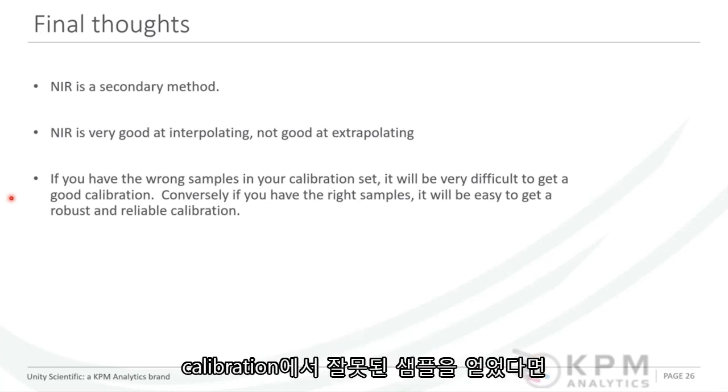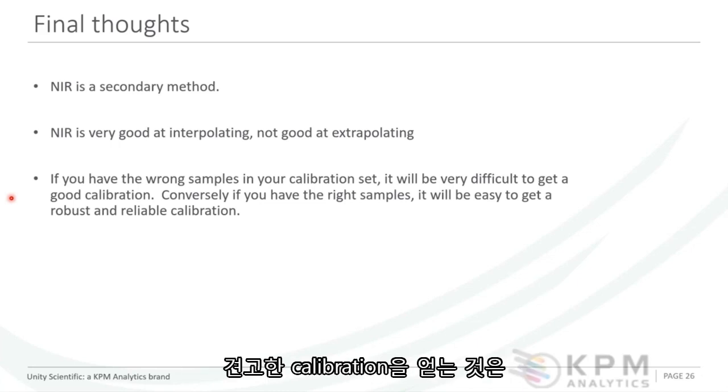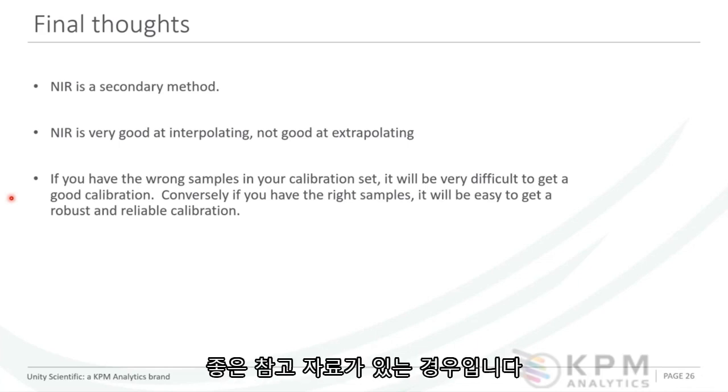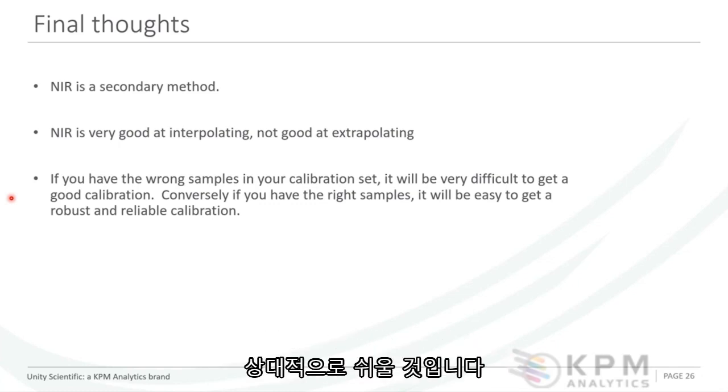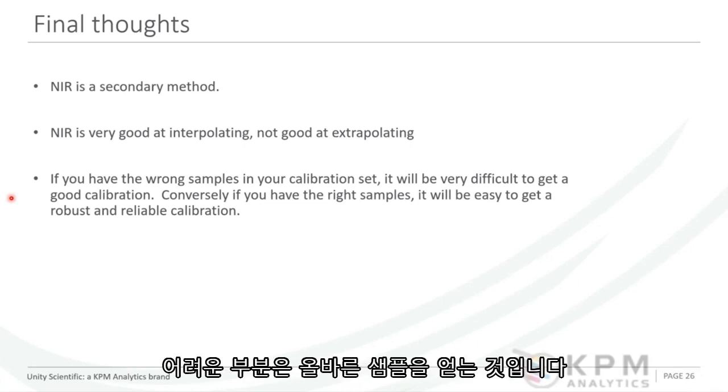So I wrote here, if you've got the wrong samples in your calibration set, it's going to be very difficult to get a good, robust calibration. Conversely, if you have the right samples and good reference data, it's going to be relatively easy to get a robust and reliable calibration. The hard part is getting the right samples.